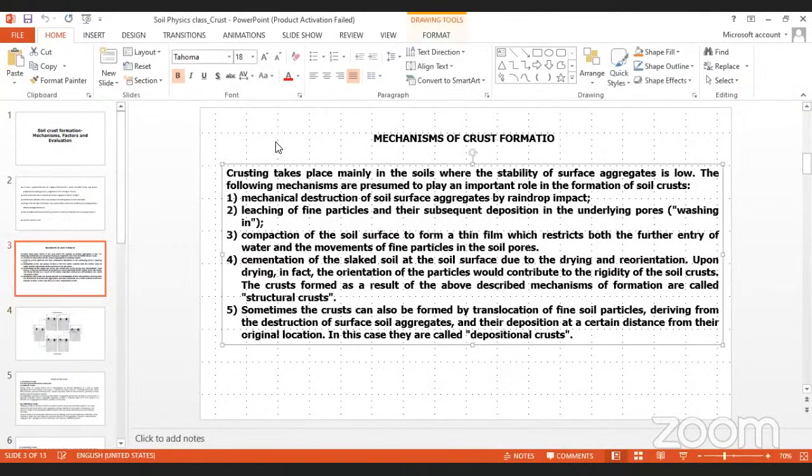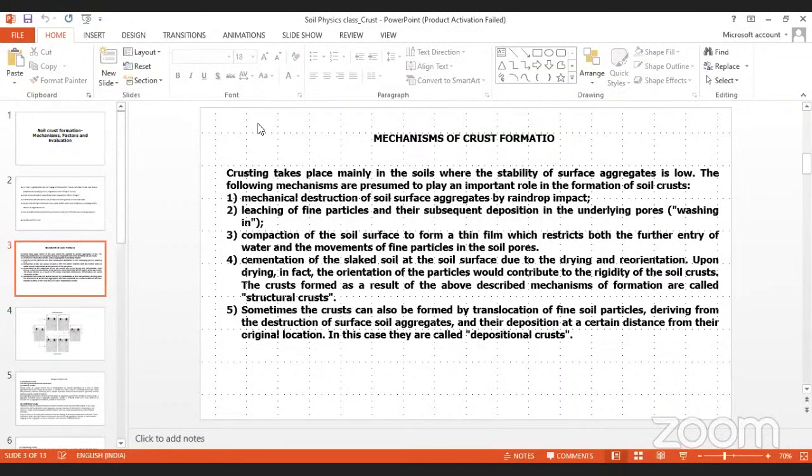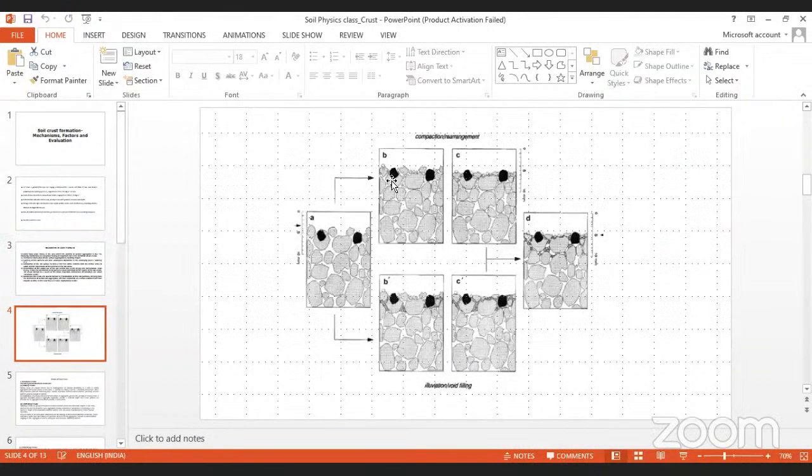Here I have explained in detail that mechanical destruction of soil surface or aggregates takes place by raindrop impact, then leaching of fine particles and the subsequent deposition in the underlying pores, that is washing in, where the disintegrated soil particles are washed down the soil pores.